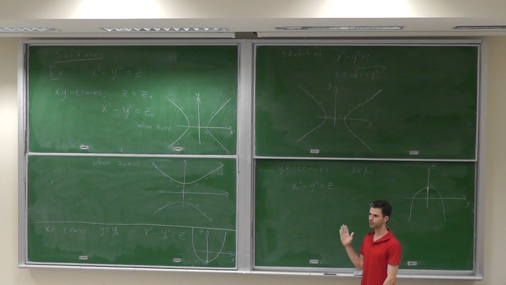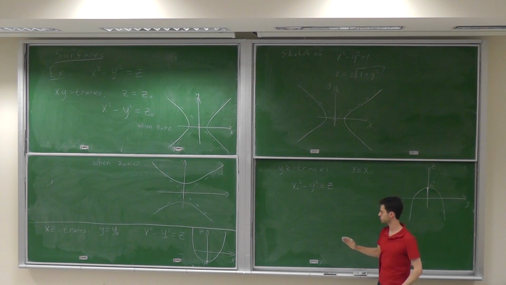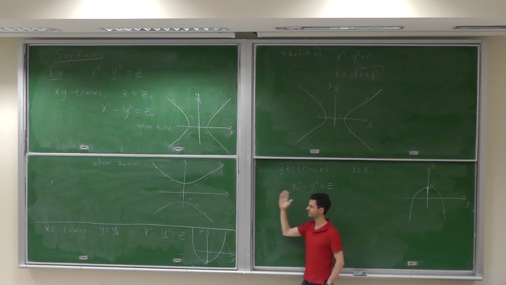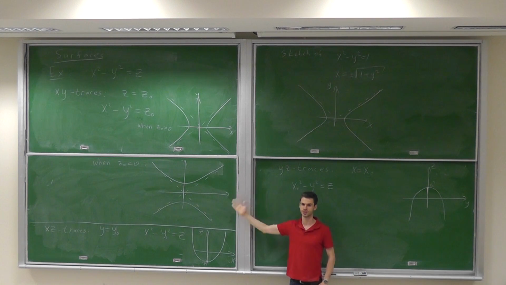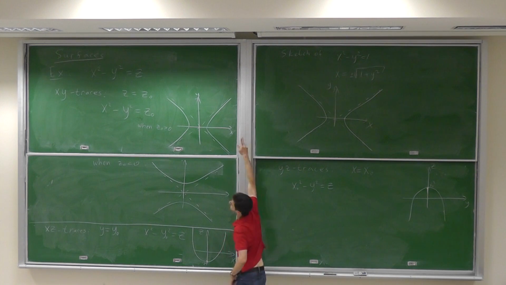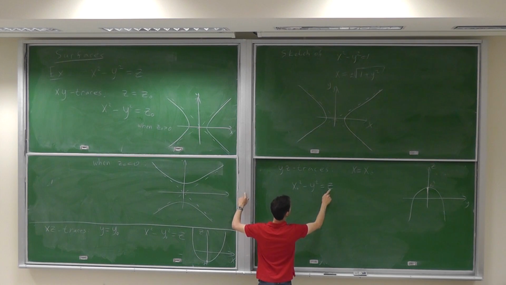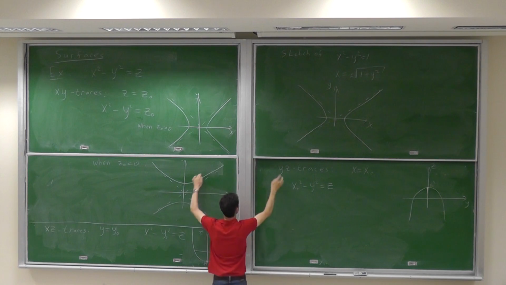Let's think about the plane x equal to 0. So imagine this board being the plane x equal to 0. On this plane, let's say that these are the axes, y-axis and z-axis. So on this plane I see an inverted parabola, z is minus y squared, something like this.